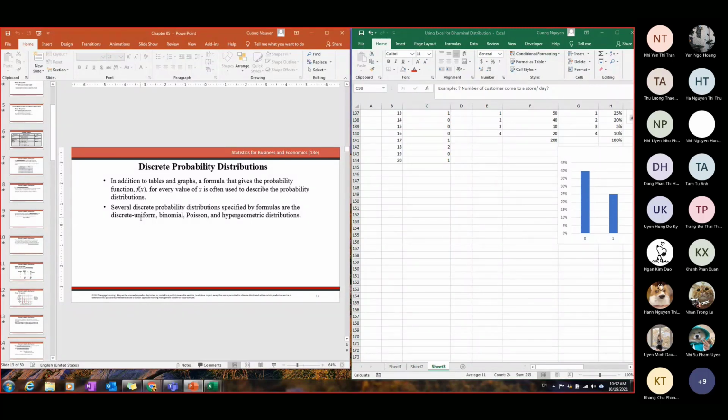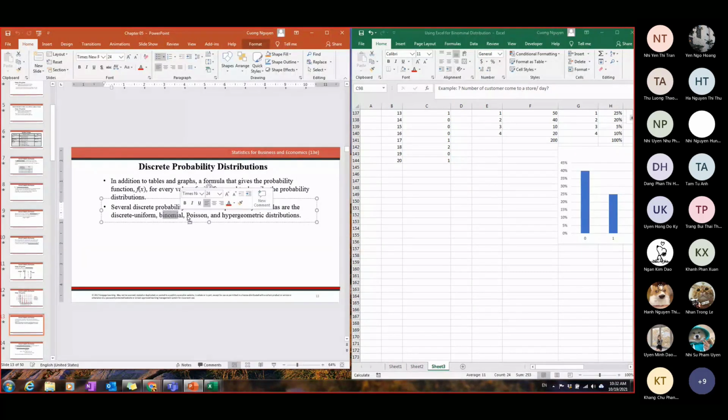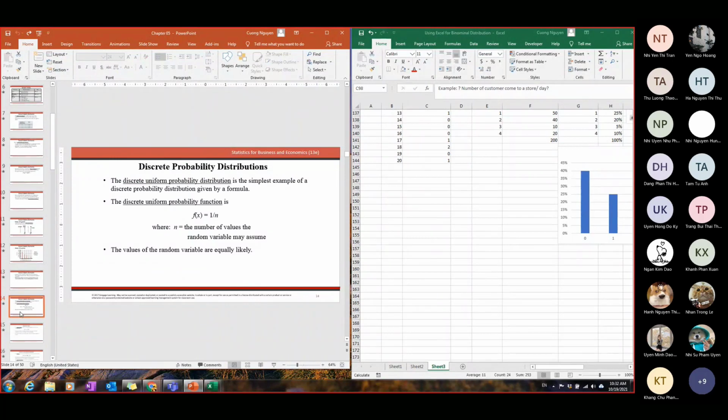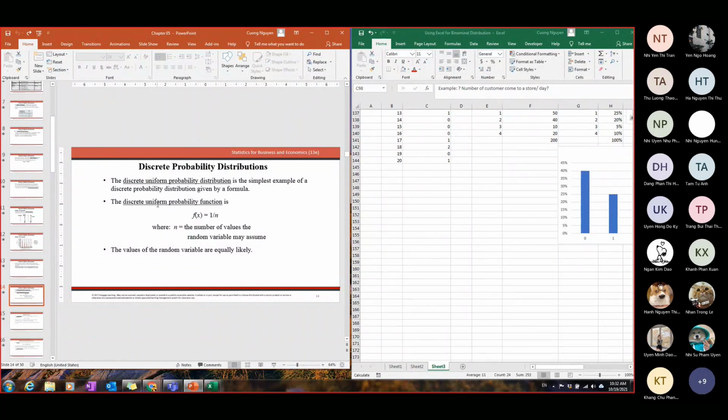First of all, there are 2 types of them, including the binomial, the Poisson, and also the uniform variable. We will talk about them in detail, and first of all we talk about the discrete uniform probability distribution. This will be the simplest example of a discrete probability distribution.